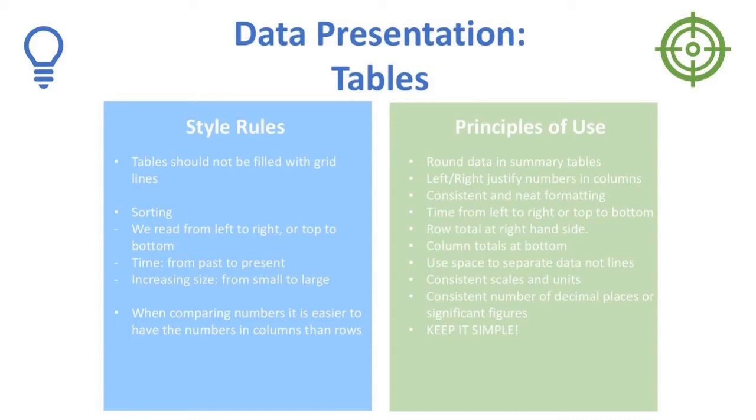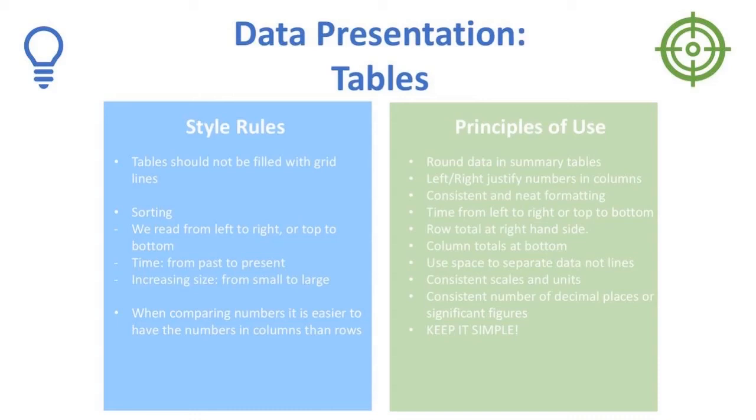When comparing numbers, it's often easier for the reader if you put those numbers in columns rather than rows. So reading across a data presentation rather than from top to bottom. And here are some principles that editors would like to get across in terms of your data tables.